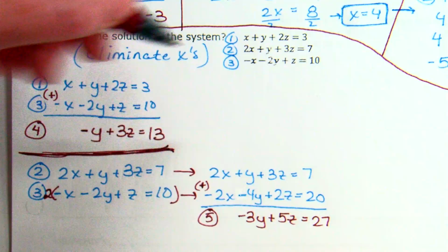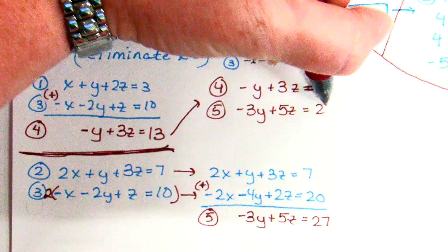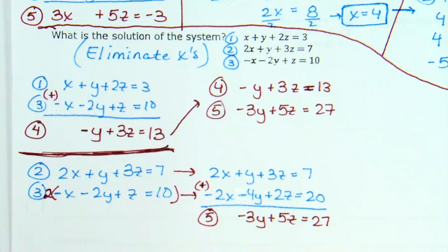So equation 4 is negative y plus 3z equals 13. Equation 5, negative 3y plus 5z equals 27. And of course, it would be too good to be true if something could just be eliminated like that. Now what? You want to eliminate y's or z's? Okay, we can do y's.